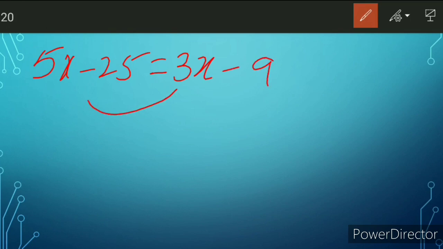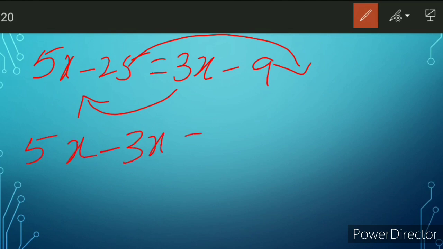Yeah, the x term we transpose to this side and 25 to this side. 5x plus 3x becomes here minus 3x. Already the right side has minus 9, write it. Minus 25 becomes plus 25. Yeah, subtract these two, you will get 2x. If we subtract this, you will get 16. x equal to 16 by 2.